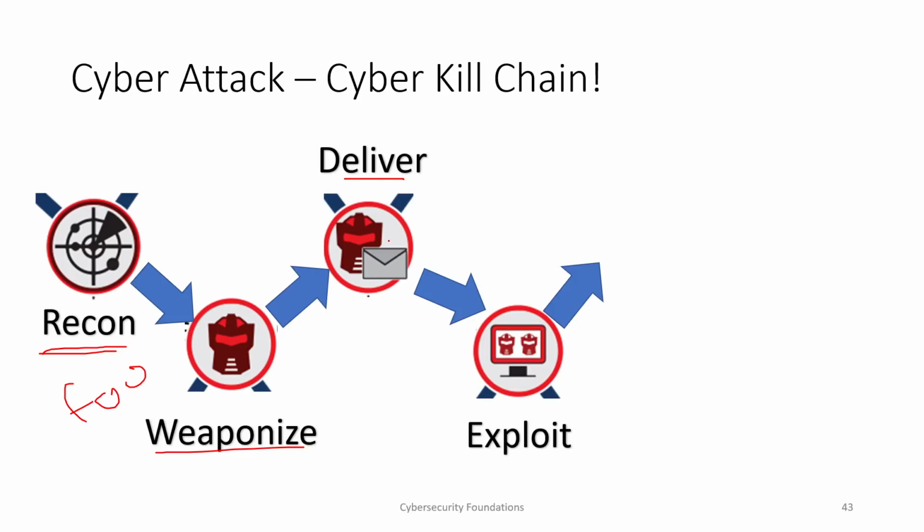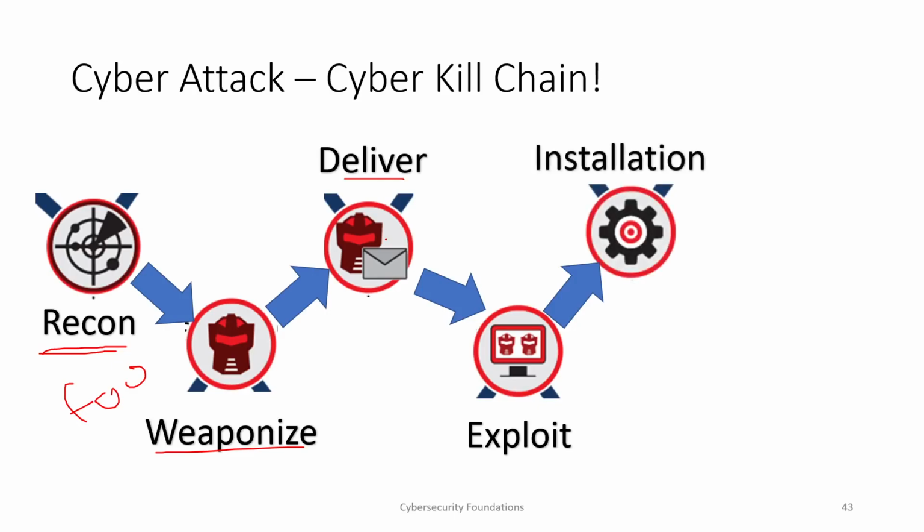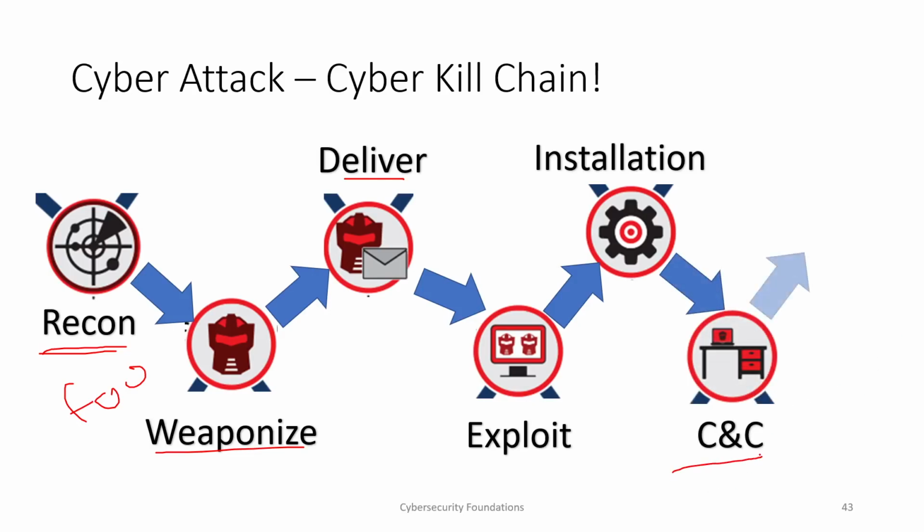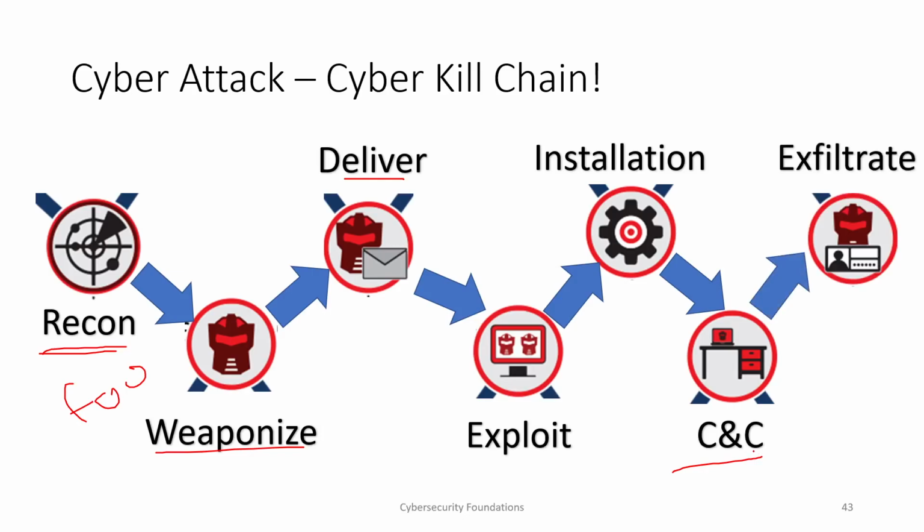By exploiting it, we install our malware, backdoor, or spyware, and afterwards we can command and control this device remotely, instructing it to participate in a denial of service attack or exfiltrate data from the hacked system.